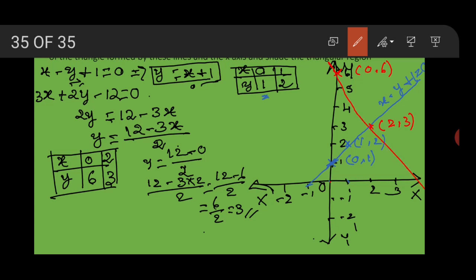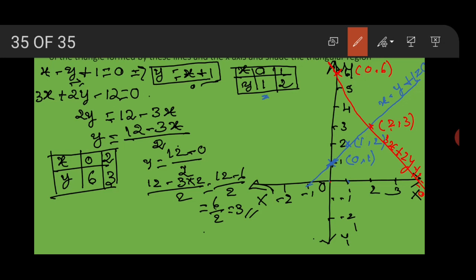This is the point 2, 3. Now join these two points using the scale. You will get a straight line in this way. This graph is for the equation 3x plus 2y minus 12 is equal to 0.